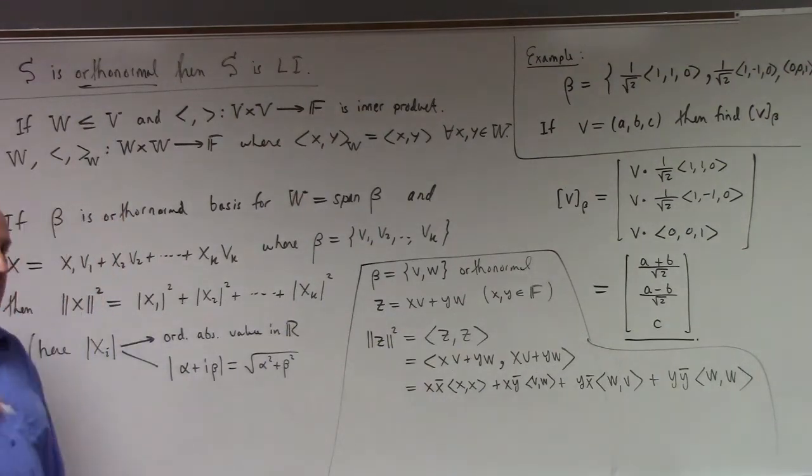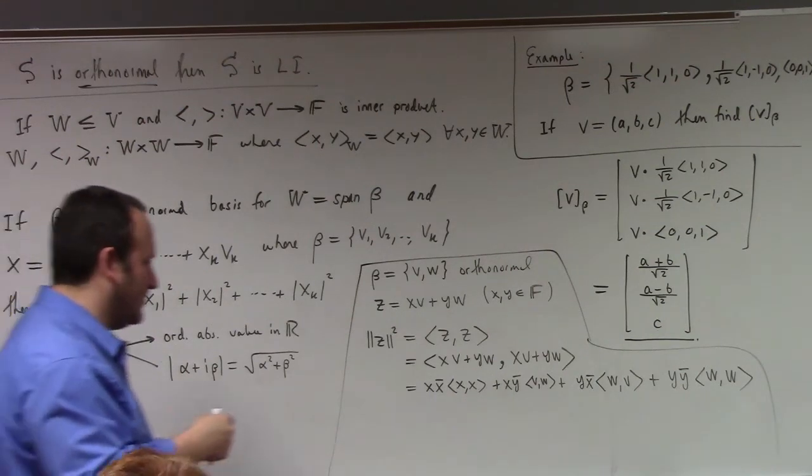So here I'm using the so-called sesquilinearity of the inner product, which means like 1.5 times linear. It's additive in both the first and second slots, but you pull out the conjugate of the second slot, so it's not quite linear in the second spot. It's kind of half linear, so 1.5 linear, sesquilinear.